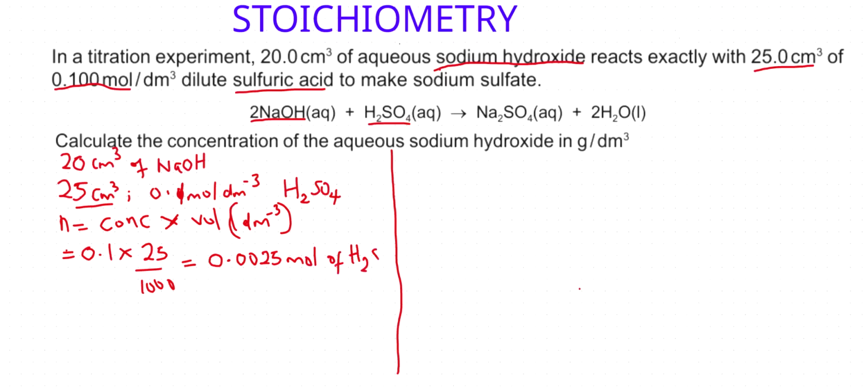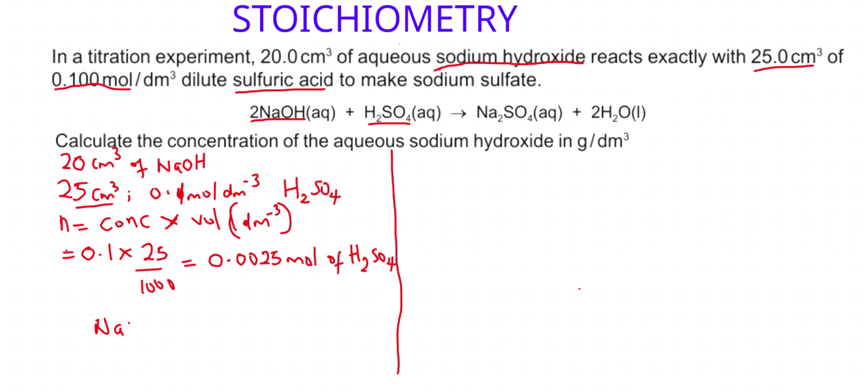So that is the number of moles of sulfuric acid that reacted. Yes. So now the next step is to get the number of moles of the sodium hydroxide that was used. How do we go about that? It's very easy. From the chemical equation on the screen, we take the mole ratio.